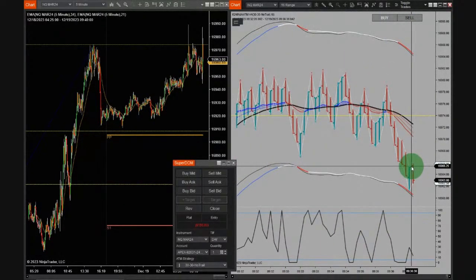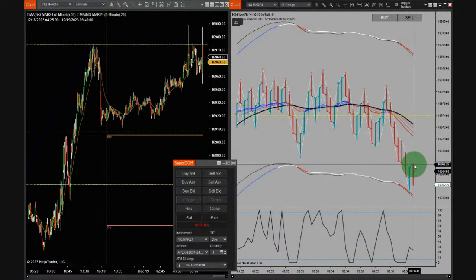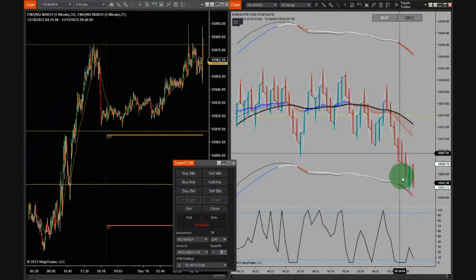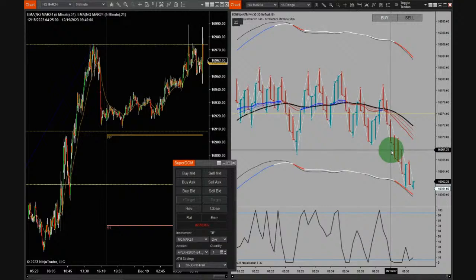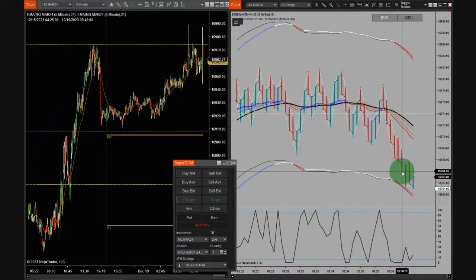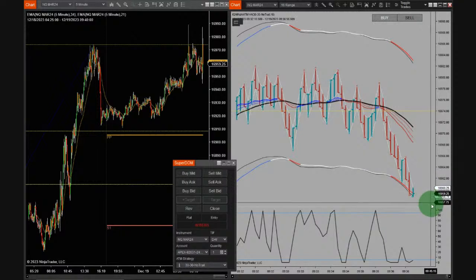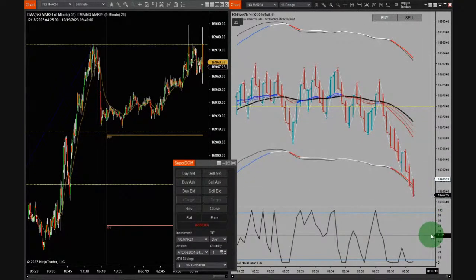Or if it goes 4 points from the low to the high and starts going one tick higher, it'll start creating the next candle. So we know the exact height of each candle, and therefore we know where it will close one candle and start forming the next candle if it goes up or if it goes down.